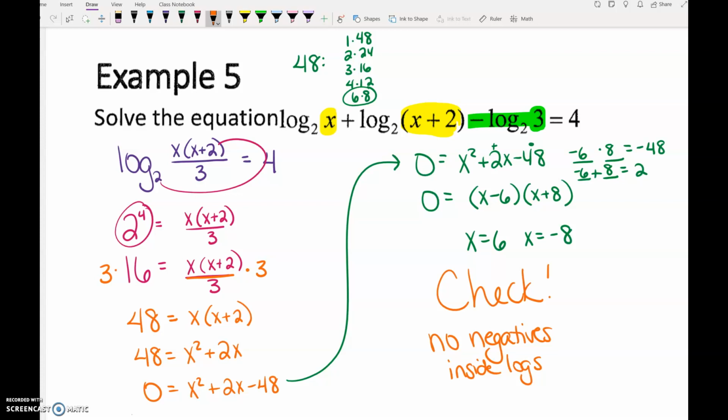Okay, if I plug 6 in here, log base 2 of 6, that would be fine. 6 plus 2, that would not be negative, so we're good. 6 is good. If I try negative 8, if I put a negative 8 right here, we'd have a negative inside the log. That's no good. So negative 8 is our extraneous solution. X equals 6 is our actual solution.